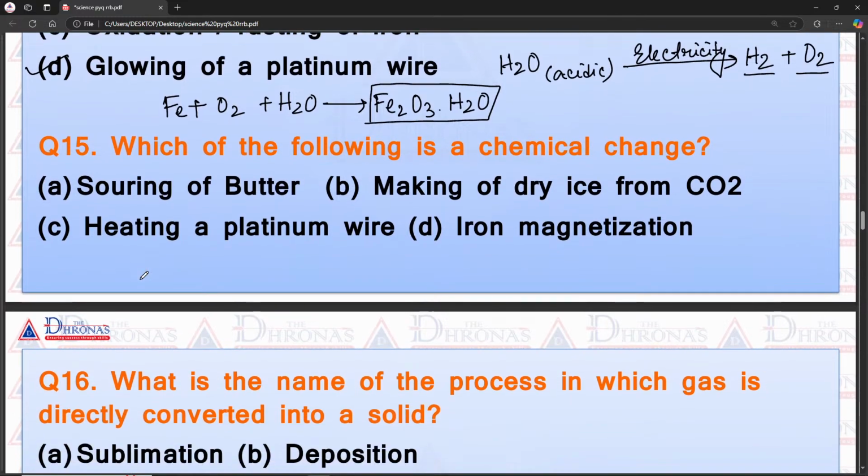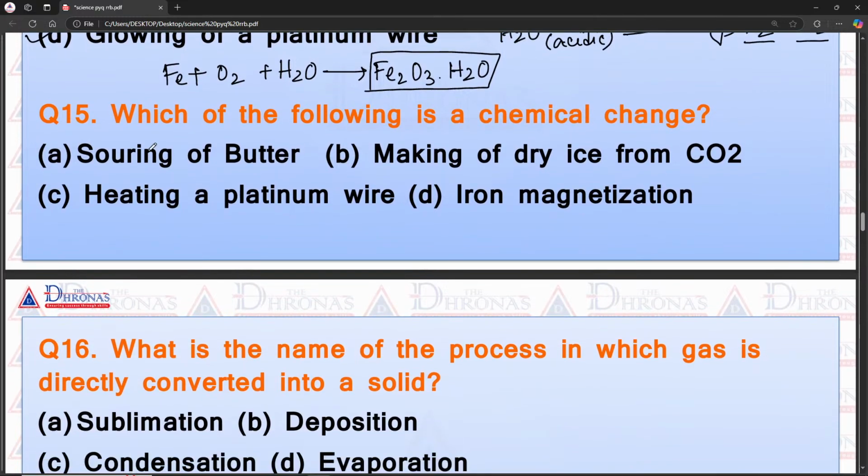Now question number 15. Which of the following is the chemical change? Which one below is a chemical change? So, souring of butter, making of dry ice from CO2, heating of platinum ware and iron magnetization. Making of dry ice from carbon dioxide means you are converting gas into solid.